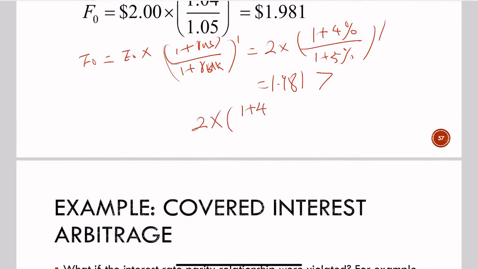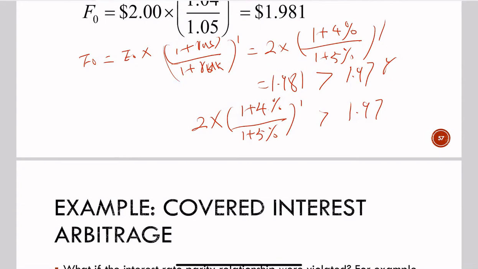That is, 1 plus 4% divided by 1 plus 5% times 2 is larger than 1.97. Now what does this tell you?